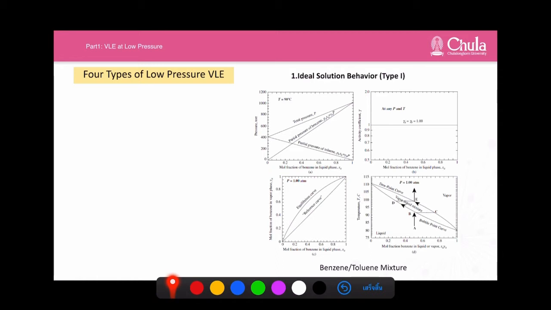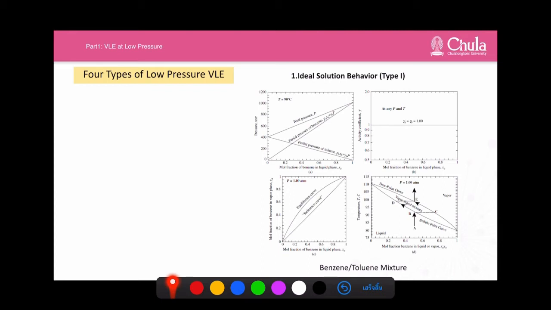If we plot the vapor pressure of the mixture at different compositions, you see that the total pressure is a combination of the partial pressure of each component. For example, this system is a solution of toluene and benzene.